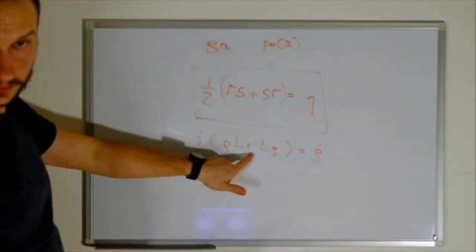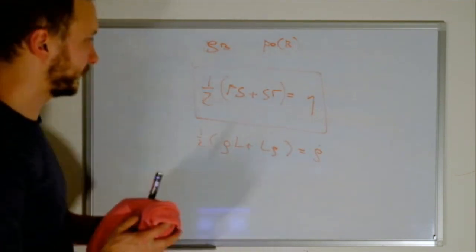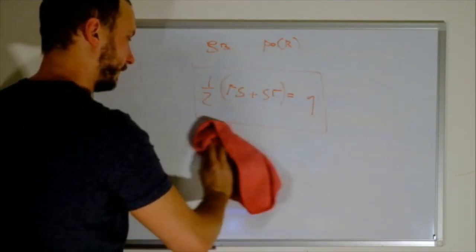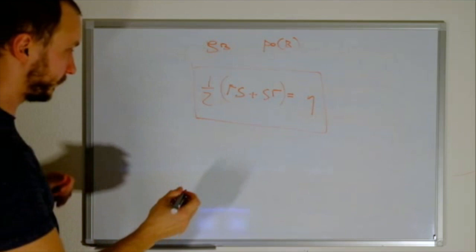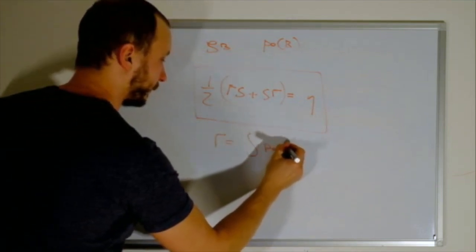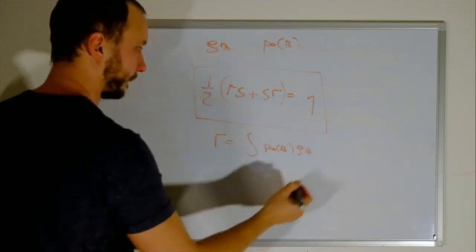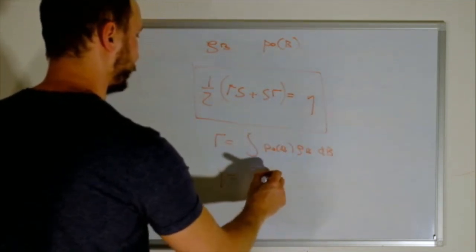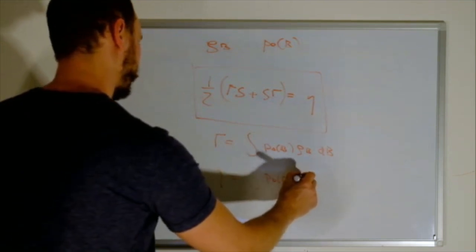Let's do this equation we encountered before, with the only difference that now these guys are not local properties, gamma and beta, but really gamma now is kind of the average state, and beta is the first moment operator, so to say.